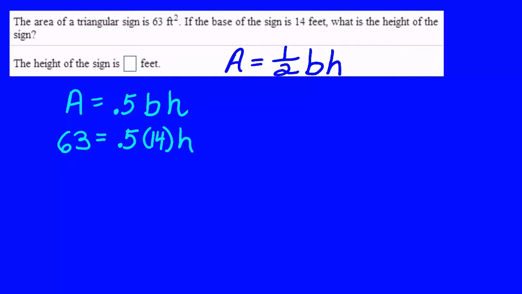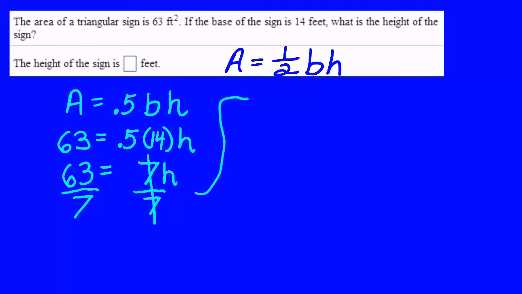So 63 equals 0.5 times 14, which is 7. Remember, 0.5 is half. And then times h. To find out what h equals, I divide both sides by the coefficient of h. 63 divided by 7 is 9. 9 equals 1h, which is 9 equals h.